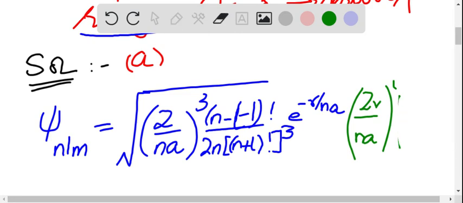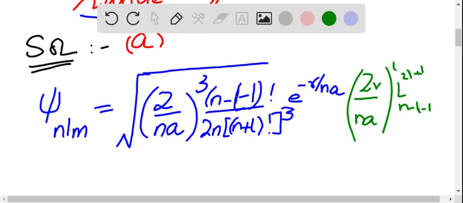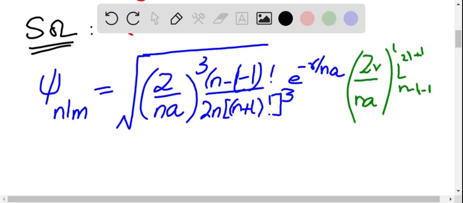Then over here we have L sub n minus l minus 1 raised to power 2l plus 1, of 2r divided by na.